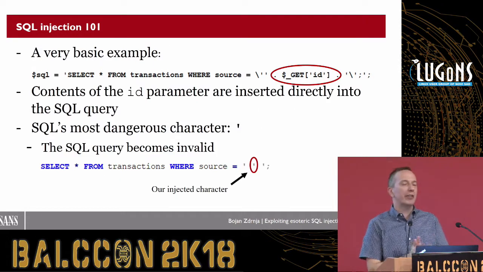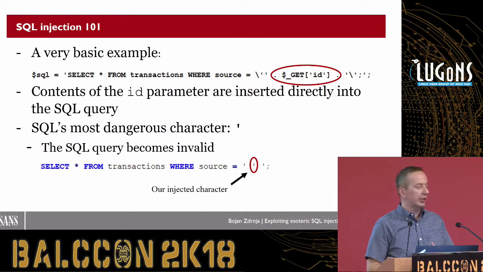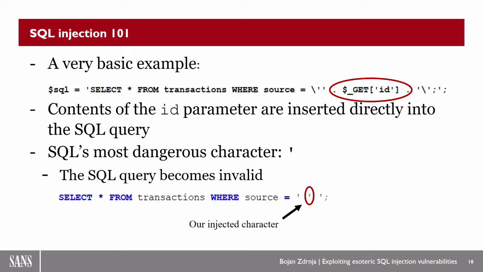So let's see a very, very basic example. This is a PHP web application, and this is our poor developer who made a very basic and typical SQL injection vulnerability. So what is the developer doing here? He's trying to retrieve all the transactions from a table called transactions: select star from transactions where source, maybe source account, equals some ID value.